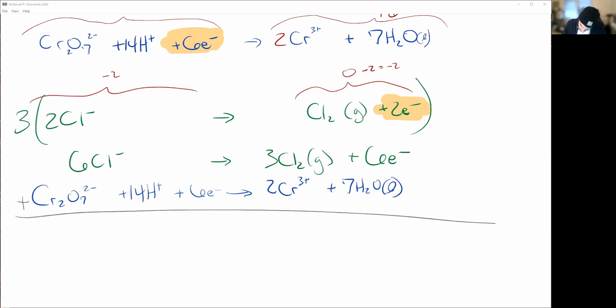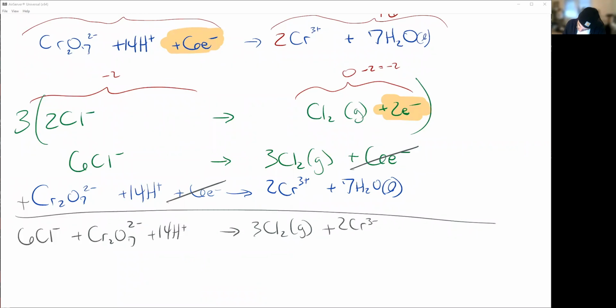These 6 electrons cancel, as electrons should always cancel. Then we rewrite what we've got: 6 Cl- plus Cr2O7 2- plus 14 H+ yields 3 Cl2 gas plus 2 Cr3+ plus the 7 water molecules, liquid. There we go. This is balanced.